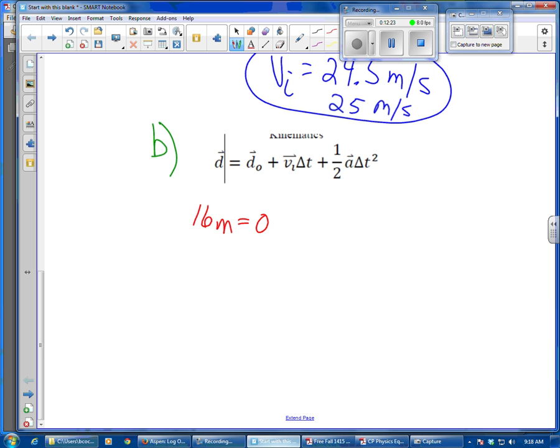I'm going to start at 0 meters. My initial velocity is 24.5 meters per second. I don't know what time I'm going to get there. I do know that I'm accelerating downwards at 9.80 meters per second squared. But I don't know my timing yet. Oh, that looks like a quadratic equation, doesn't it?